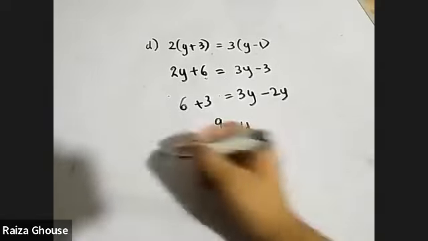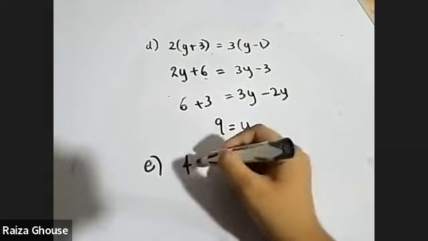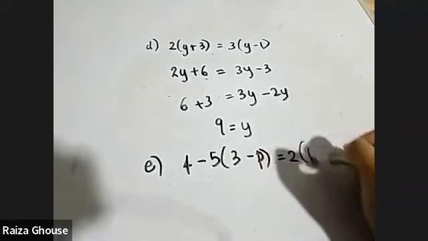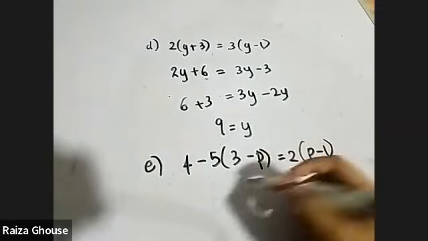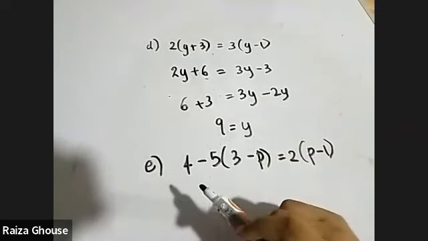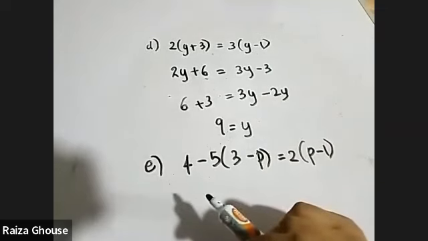Now we are going to part E. 4 minus 5 into 3 minus p equals 2 into p minus 1. In this case, what should you solve first? Very carefully you have to learn BODMAS. BODMAS starts with bracket. What should I write in the next step?